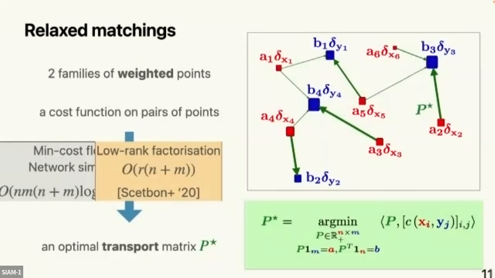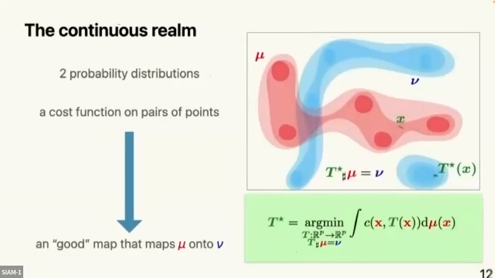And in machine learning, typically they come from a probability distribution. And so it's important to consider the case where we have access to an infinite supply of samples, or a very large number of samples from two probability distributions, and still want to formulate a notion of optimal transport between the two.